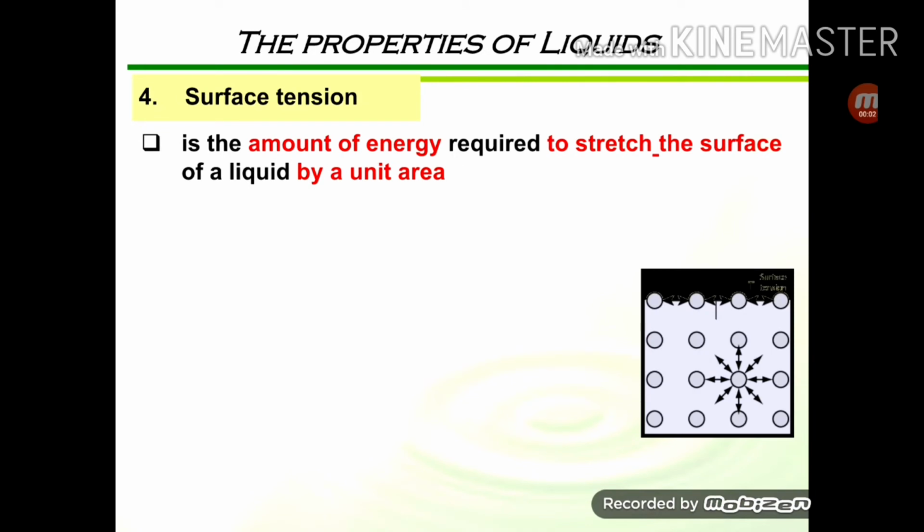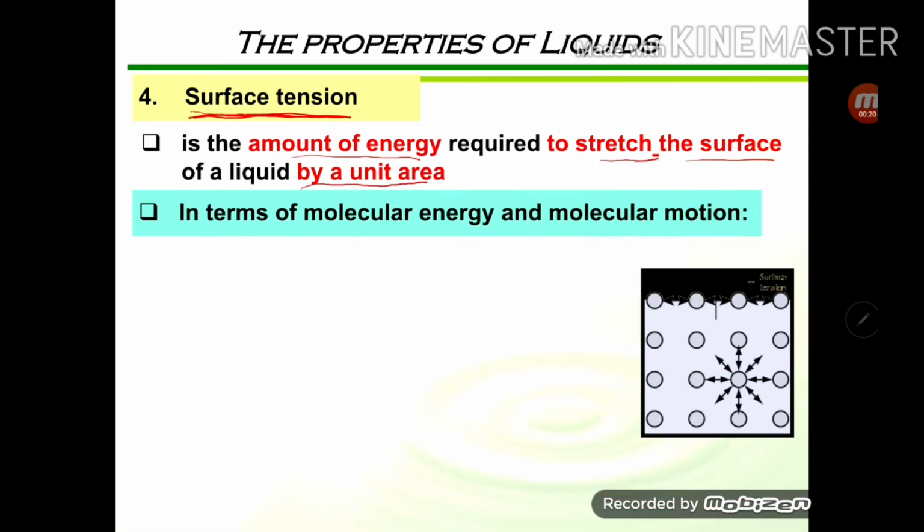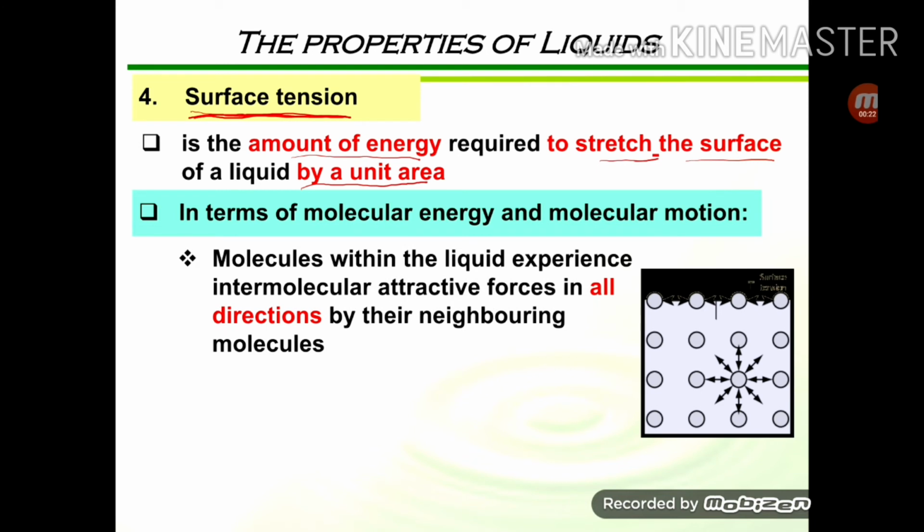Now we move to the next property, which is surface tension. Surface tension is the amount of energy required to stretch the surface of a liquid by a unit area. Molecules within liquid experience intermolecular attractive force in all directions from their neighboring molecules.